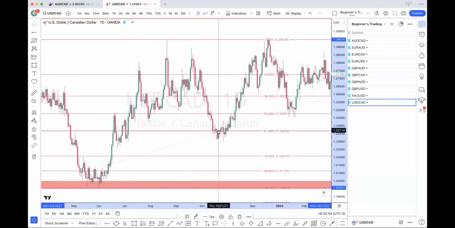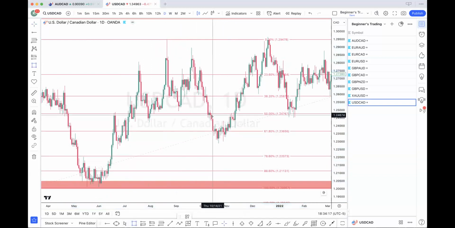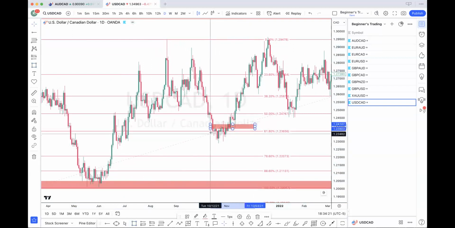someone asked me about entries and how do you know when to wait for it to pull back to the 78 or the 618 or the 88, whichever one it's going to pull back to. If price was going to go to the 78 or the 618, price would have never broken back above this zone. So once price pushed, it pulled back, it would have pulled back here and kept going down, right?